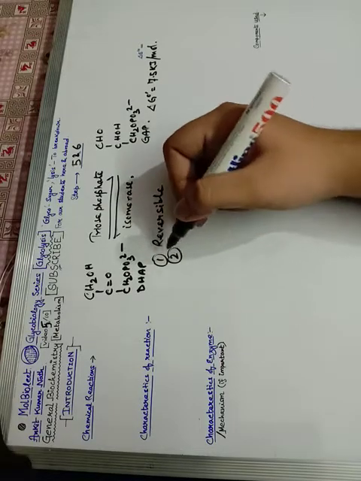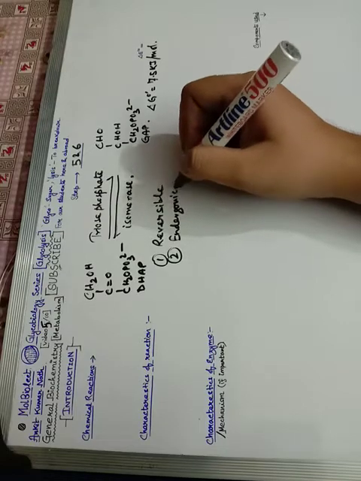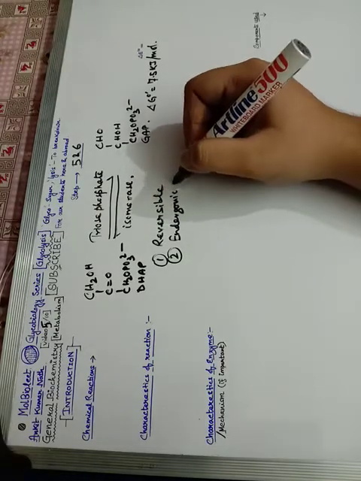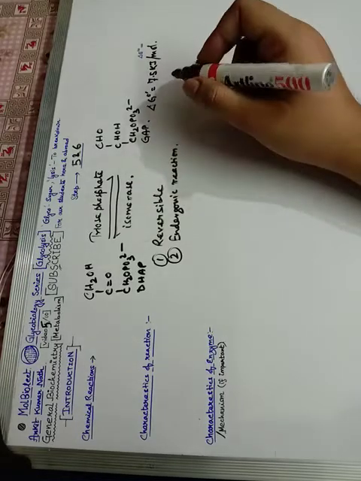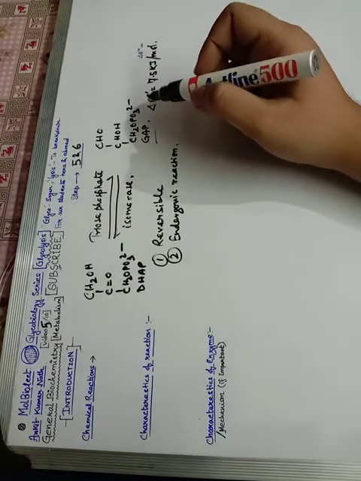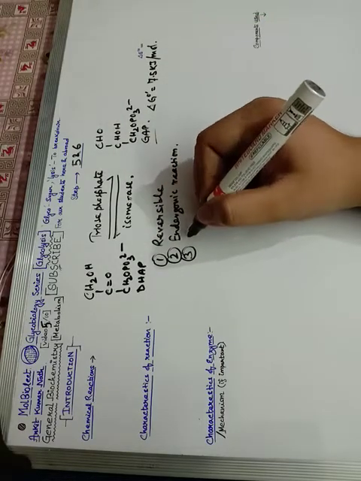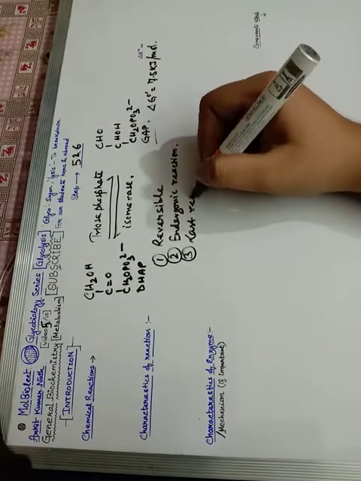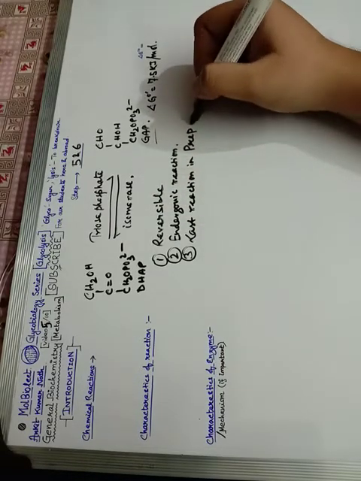The second being it is an endergonic reaction. So we need to provide energy for this. So it's endergonic, but it is carried forward because of the removal of the GAP to the next step. And the third is this is the last reaction in the preparatory phase.